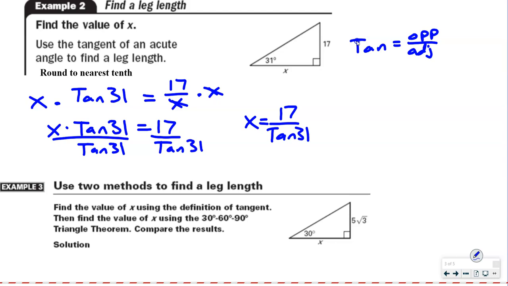So 17 divided by tangent 31 is going to give me 28.29275120. And we can round that. It's asking for us to round to the nearest tenth. Remember, when we're talking about decimals, to the nearest tenth is just one decimal. So I would say 28.3, approximately 28.3.